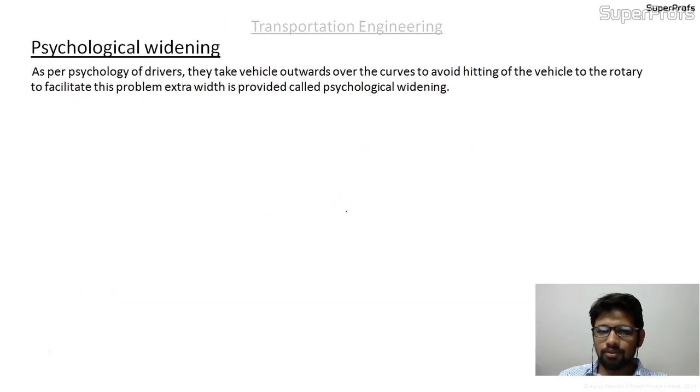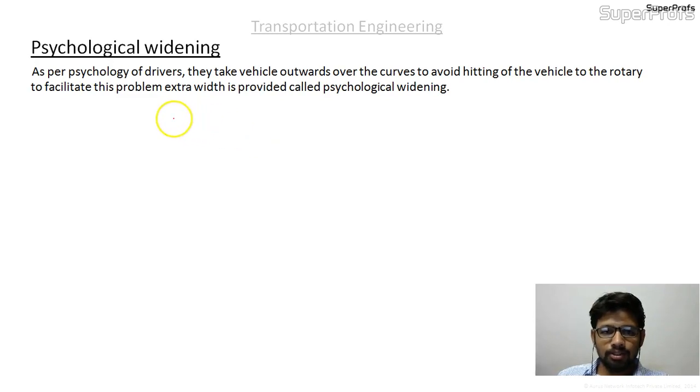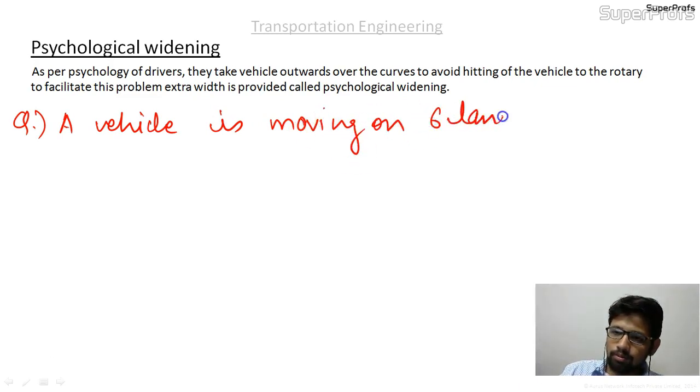There is a very famous question based on this. The question is: a vehicle is moving on a six lane road.